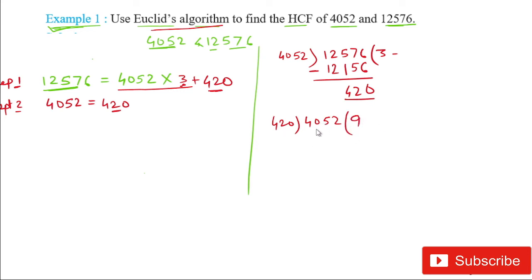It is nearby 10 times. So we'll take 9. 9 0s are 0, 2 9s are 18, remaining 1. 9 4s are 36 and 1, 37. Now after subtracting we'll get 2 minus 0 is 2.